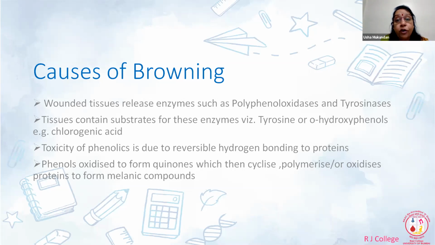Anything which will bring about skin lightening. So you have to look at natural products which will inhibit these enzymes. If the enzymes are inhibited, obviously melanic compounds will not be produced. But there is an equal demand for darkening.